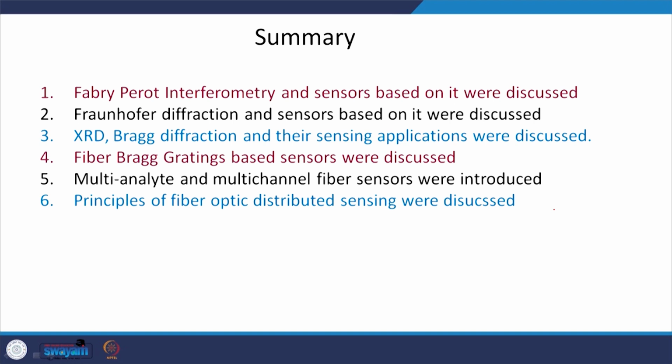We also discussed fiber Bragg gratings and how to cascade them to achieve a multi-sensor response, and then we talked specifically about multi-analyte and multi-channel fiber sensing using optical fiber configurations, where we showed that two different spectral regions can be used for sensing different analytes on the same fiber.